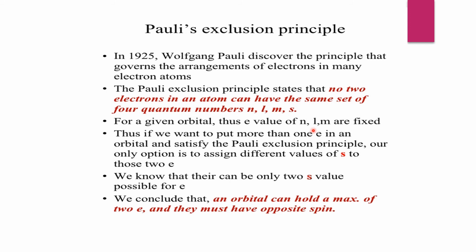So the orbitals which are available in the first energy level is only 1, and in that orbital, 2 electrons can be filled. Both the electrons will have the n value 1 and l value also the same, that is 0, and that is s orbital.